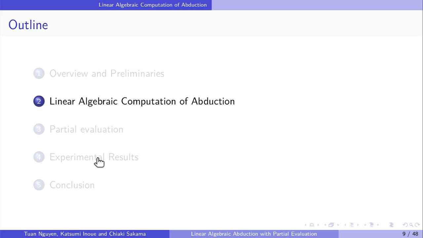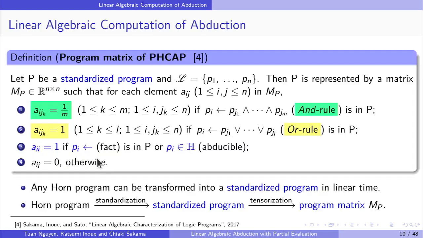So let's move on to the next section. First I want to introduce the definition of the program matrix of the PCAP. Let P be a standardized program of the PCAP problem, then P can be represented by a matrix following this definition.